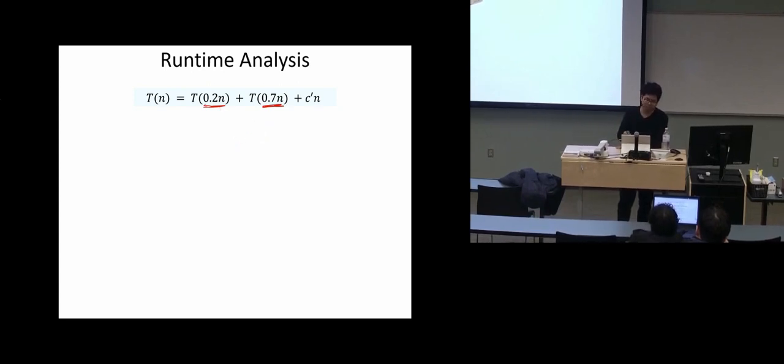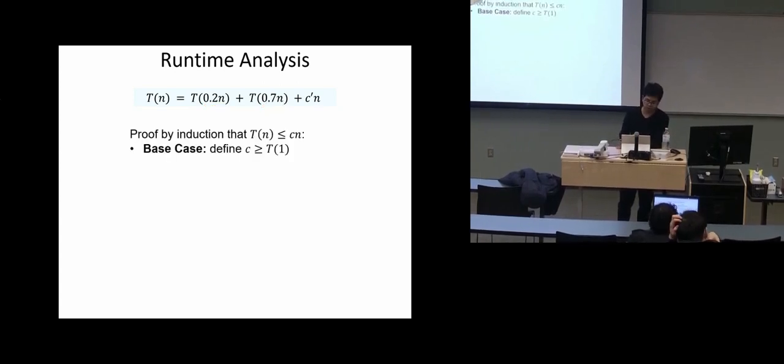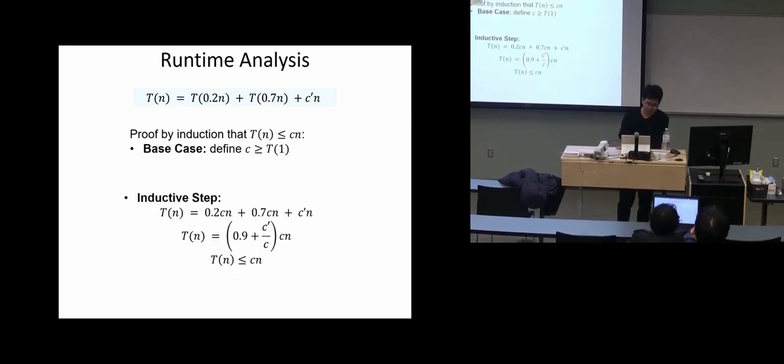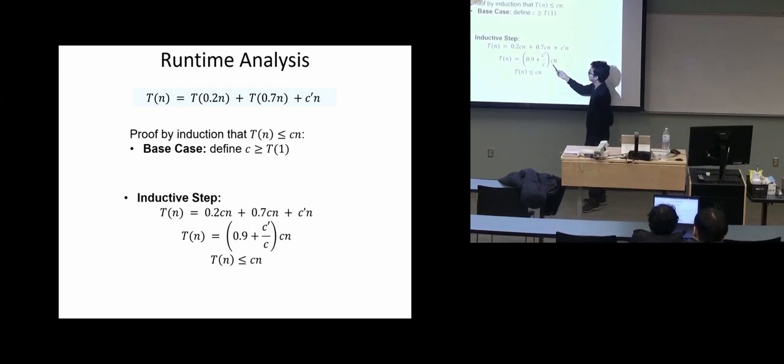But we can do it by induction too. In the base case, just set C to be big enough, bigger than T1. For the induction step, just use the induction hypothesis, calculate, and then conclude that this is less than Cn.